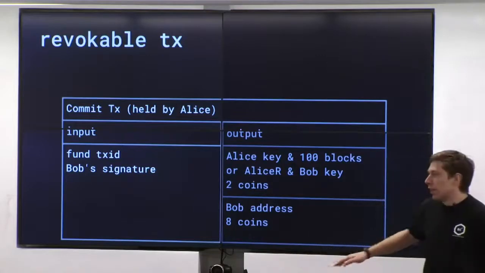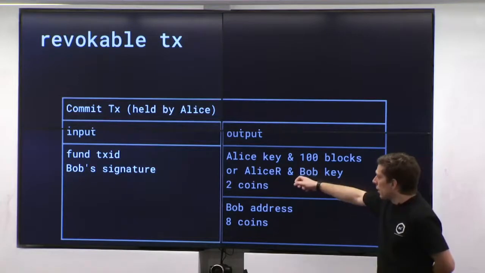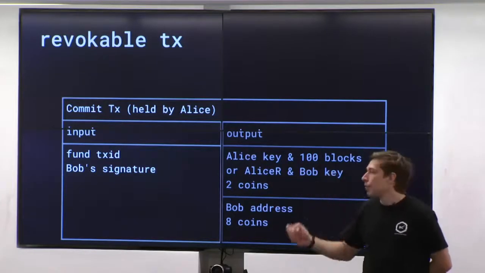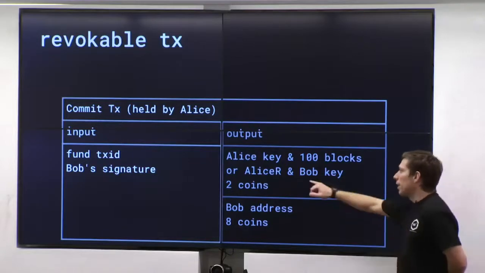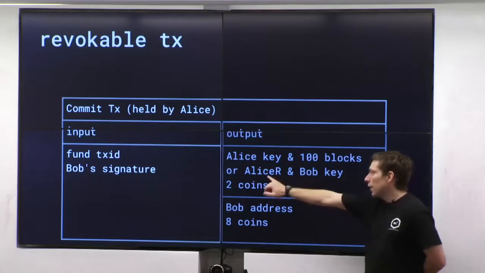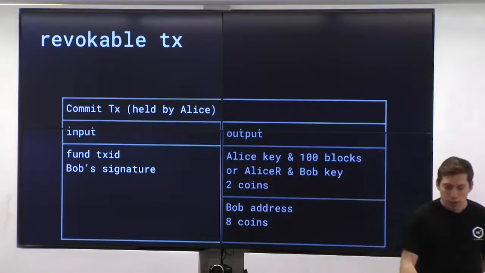Bob just gets his 8 coins with no ifs, ands, or buts. However, when Alice broadcasts this, she needs to wait 100 blocks. She needs to wait a day. And if she reveals this key to Bob, now Bob can use Bob's key and this revocable key, and Bob can get these coins immediately, right?